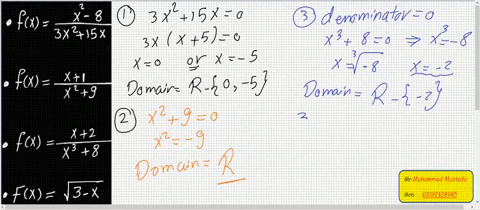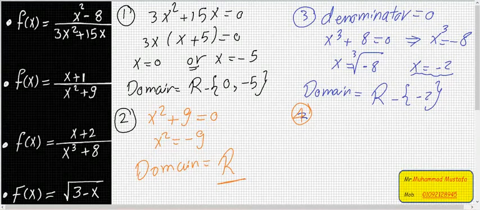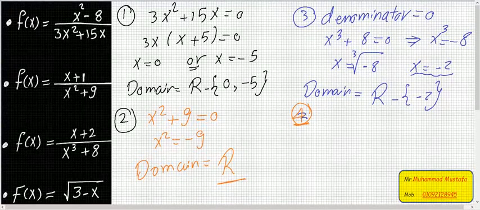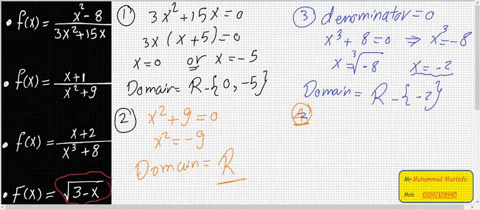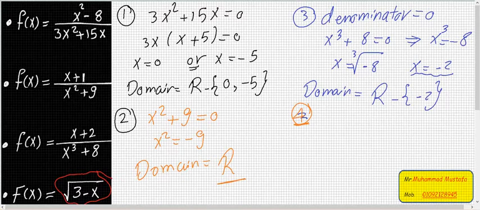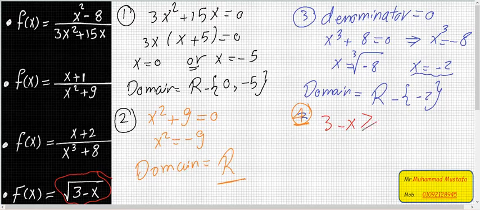The last, number 4, is a root function: the square root of 3 - x. Here the index of the root is even, so we put the expression under the root, 3 - x, greater than or equal to 0.